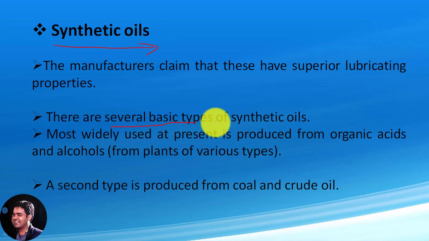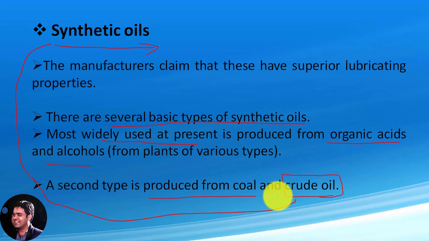There are several basic types of synthetic oil. The most widely used at present is produced from organic acid and alcohol, and the rest are produced from the chemical processing of coal and crude oil. This crude oil is not natural crude oil, it is chemically processed crude oil, and with the help of some chemical processes this synthetic oil can be produced from this crude oil.